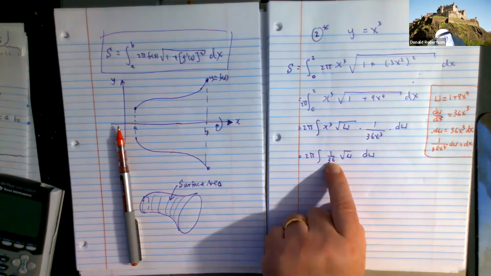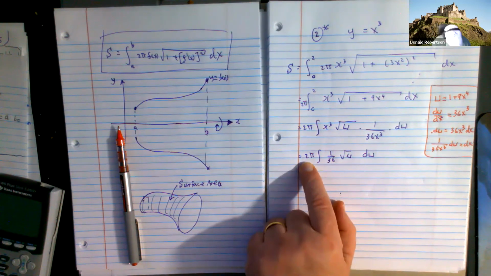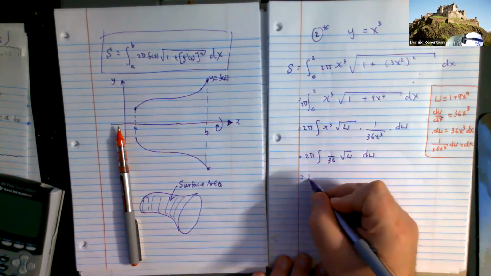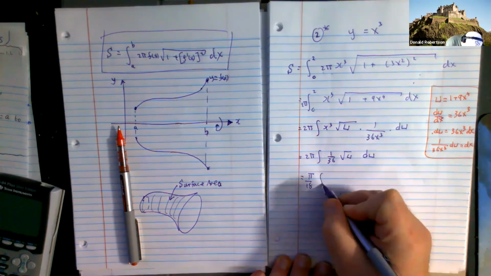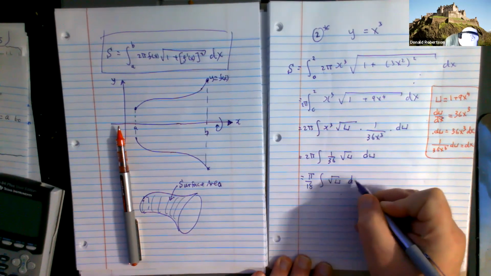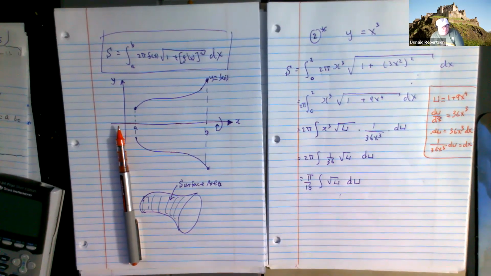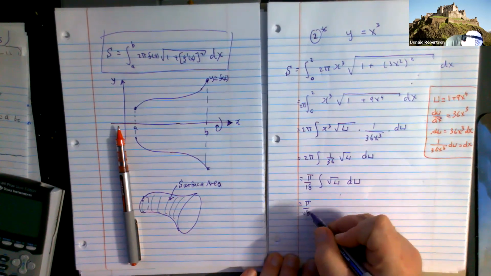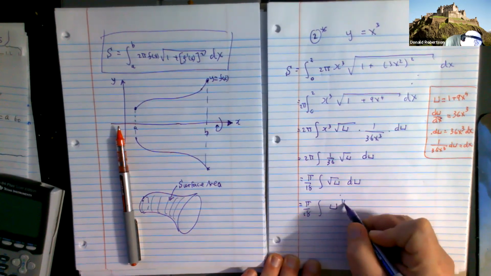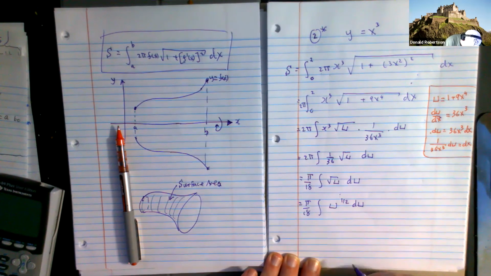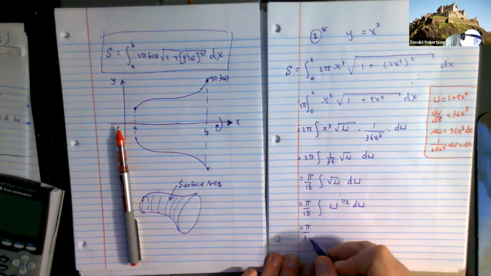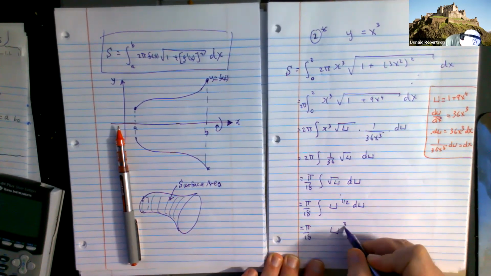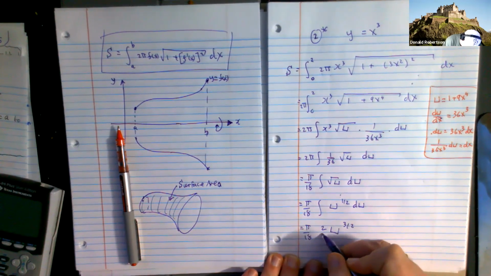I could probably pull that 1 over 36 out as well while I'm at it. I'm just trying to make the integration as simple as I can get away with, so pull out anything that's not a square root. Now, to integrate this, as we've done 100 times before, you turn it into a half power, add 1 to the power and divide by the new power.